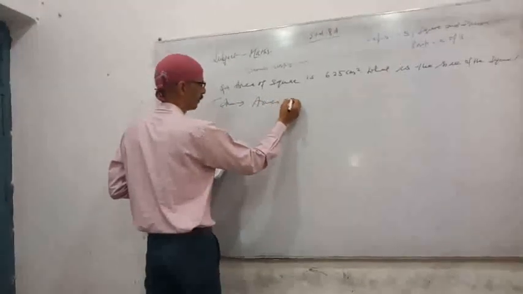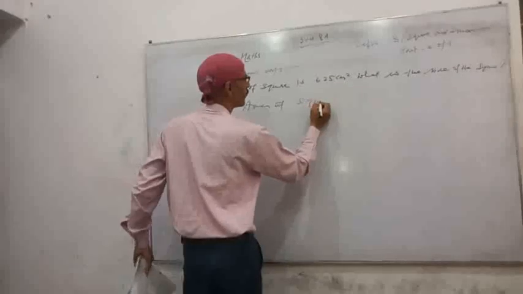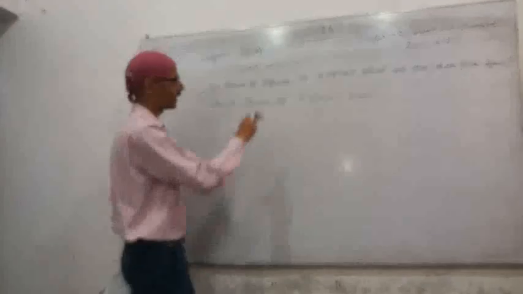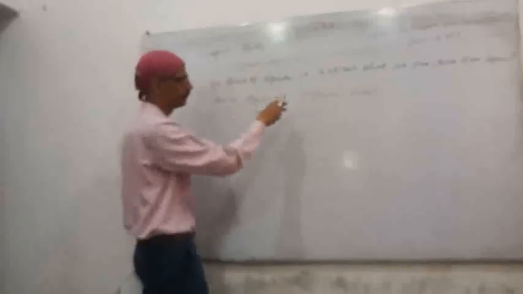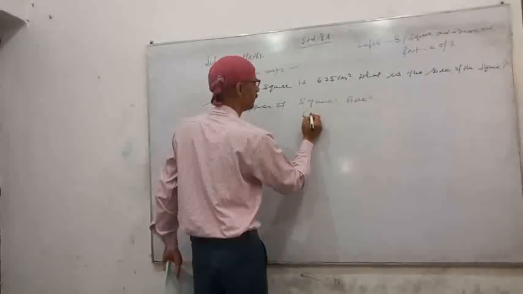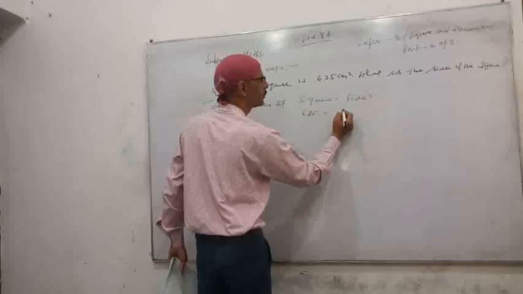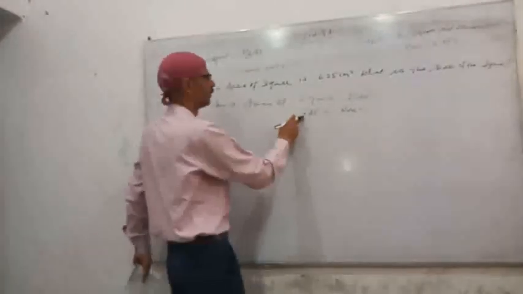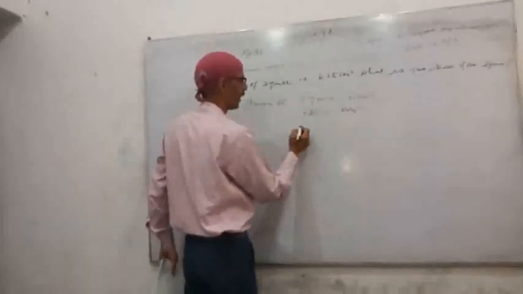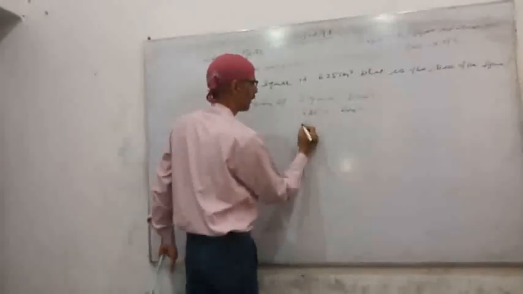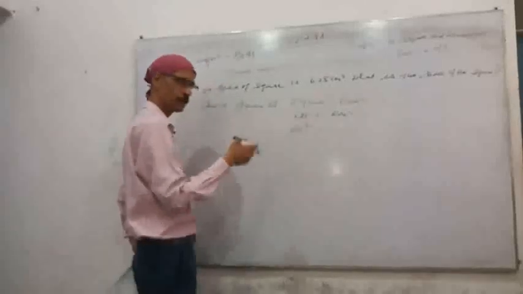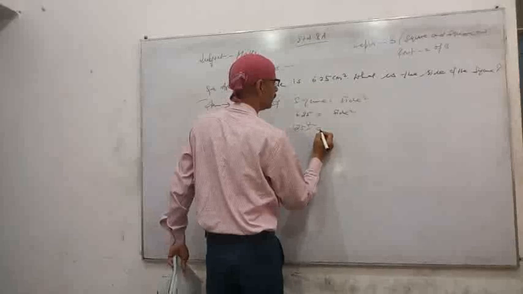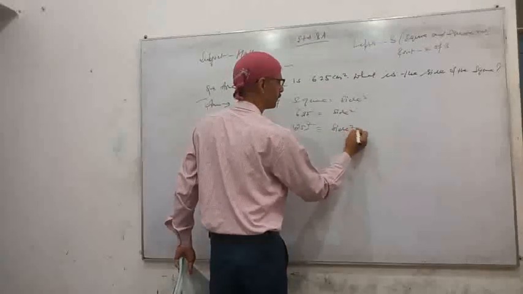Area of a square is equal to side square, and the area given in the question is 625, so 625 is equal to side square. You can write 625 as 25 whole square, because 25 into 25 is equal to 625, which is equal to side square.